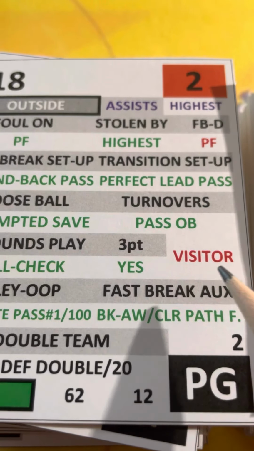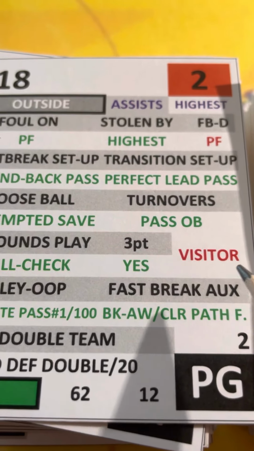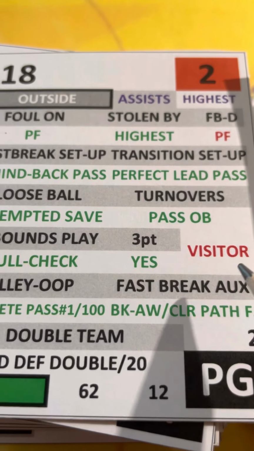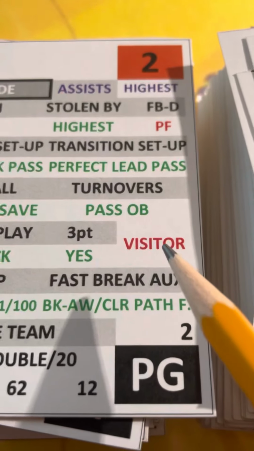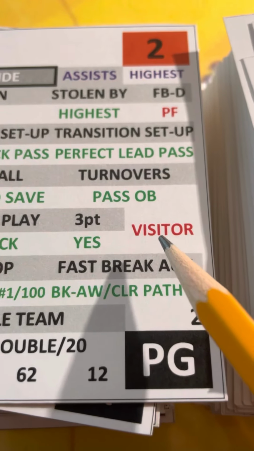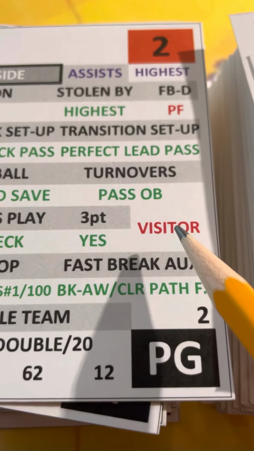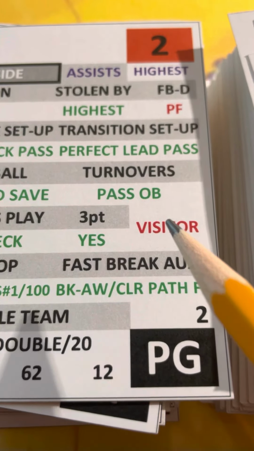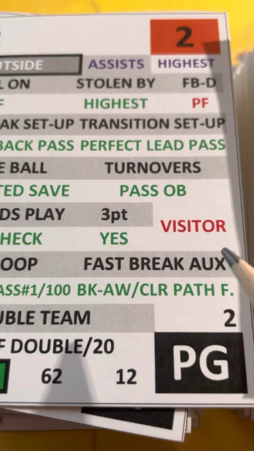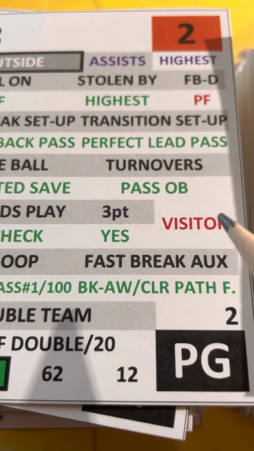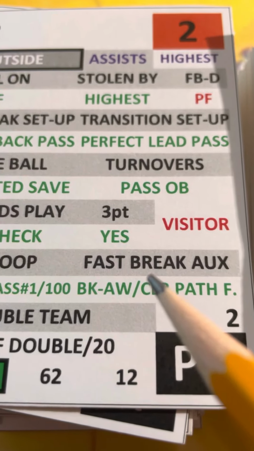55% of the fact cards say home, and 45% of the fast action cards say visitor. What this is for, there is a mechanic in this game where the result could be either or. Could be either like a foul on the visitor or the ball went out of bounds.